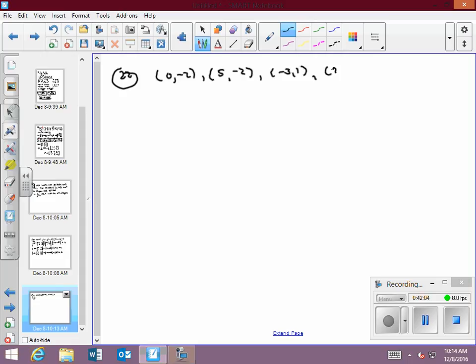And 2 and 1. No. None of those vectors is 0, 0. So if we simply take the first vector and add 0, 2 to that vector, so we get 0, 0, and then add 0, 2 to each one of those vectors.